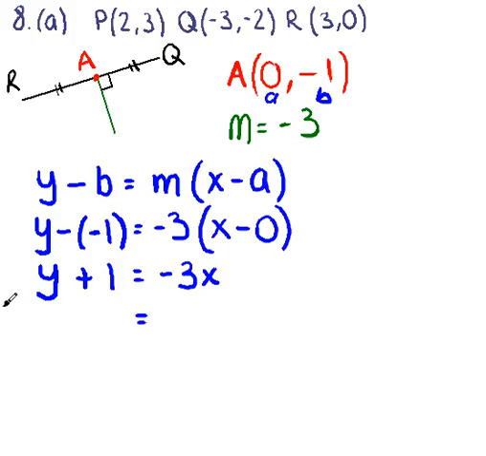Changing side means we change sign, which gives us 3x. We still have our plus y and our plus 1. That leaves nothing on the right hand side, so we have 0 here. And what we have now, 3x plus y plus 1 equals 0. That's the equation of the green line, our perpendicular bisector of line RQ.